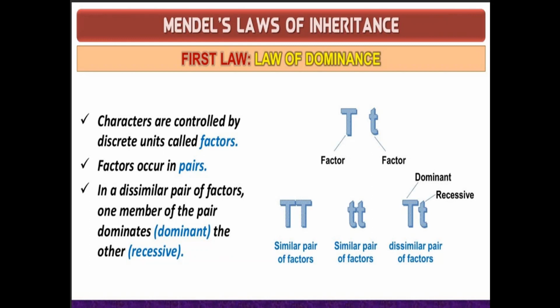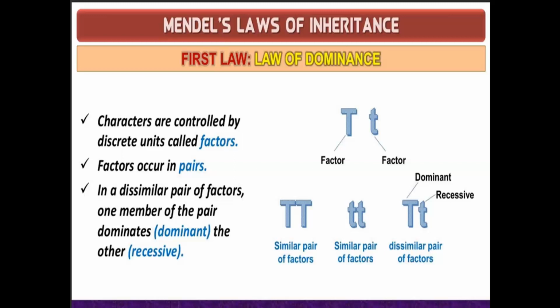Out of two contrasting characters, one character expresses; the expressed character is called the dominant character. The character which is not expressed is called the recessive character. So here you can see capital T and small t. There can be a similar pair of factors and a dissimilar pair of factors.